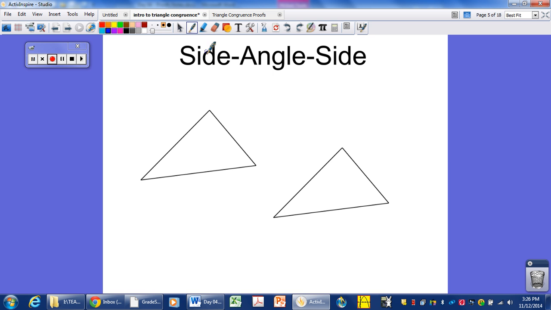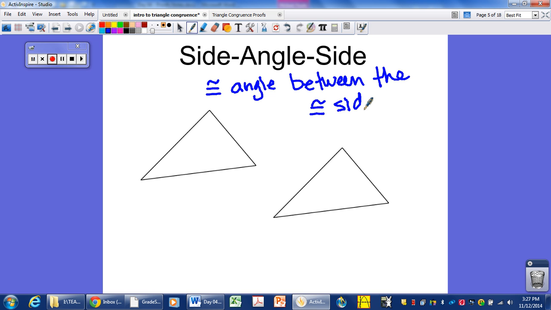Another method is by showing that 2 sides are equal and the angle in between them. So the congruent angle is between the congruent sides. Hence, angle side angle. And this is also a postulate.